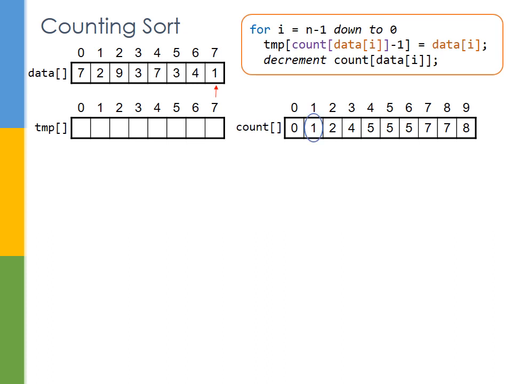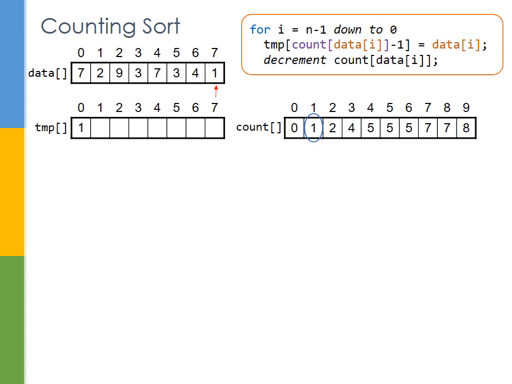We then look in the count array at subscript 1, and we see that we have a value of 1 stored there. So now what we do is we decrement this value, which we've retrieved, which is 1, and that gives us a value of 0. And now the value in the data array at the current index is placed at that subscript of 0 in the temp array.